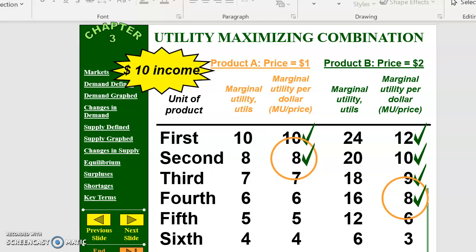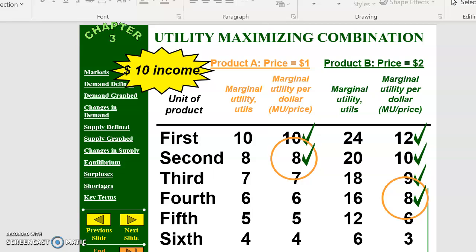And then I would go over and I add the sum of the utilities per dollar on the second side, which is 12 plus 10 is 22, 22 and 17 is 39, 39 and 18 is 57, okay? So 57 utils per dollar total utility derived from this. And then it would be found by purchasing 4 of B and 2 of A. That's kind of the process you go through with these.